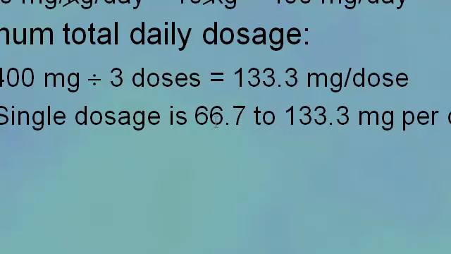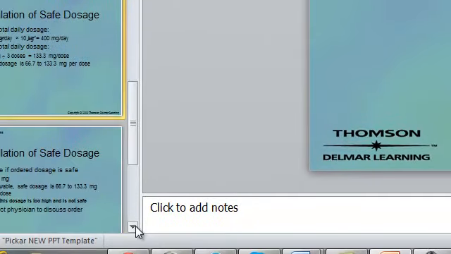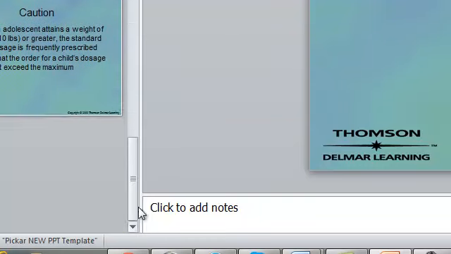So a single dose could range from 66 7/10 to 133 3/10 milligrams and be in the safe range. So the doctor had ordered 200 milligrams. So this is not a safe dosage. It's too high. So you should contact the physician to discuss the order.